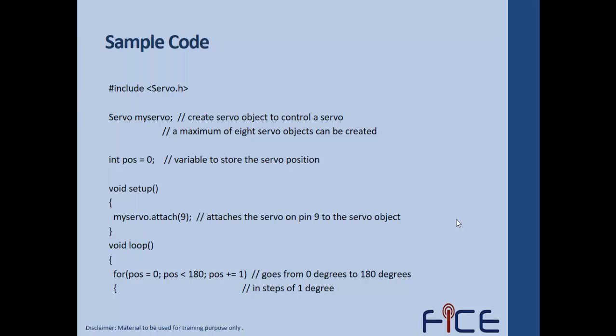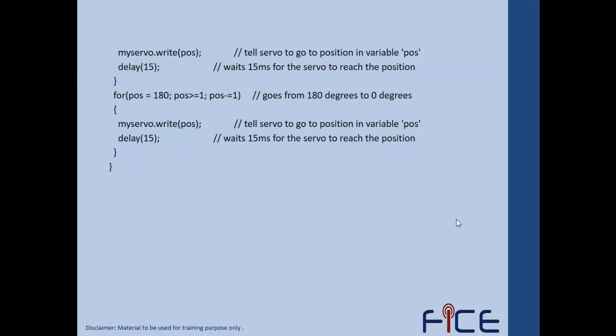And after that, in void loop we are using a for loop, and in this for loop we are setting up the positions from 0 to 180, and we are incrementing this position one by one, and in this for loop we are giving these positions to the servo motor with the help of the myServo.write API.